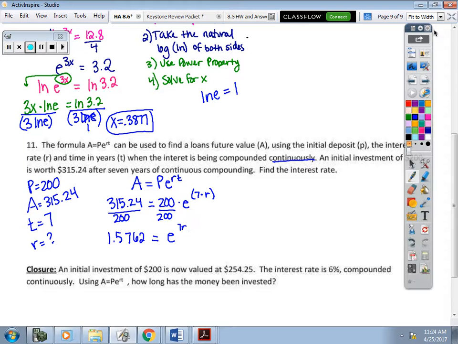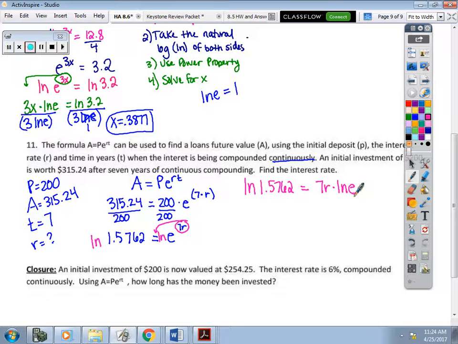Again, to solve for something that's in the exponent, you have to use logarithms. And since this is an e problem, we use the natural logarithm. So we'll take the natural log of each side. Use the power rule again to bring that 7 out front. So we'll have the natural log of 1.5762 equals 7r times the natural log of e.